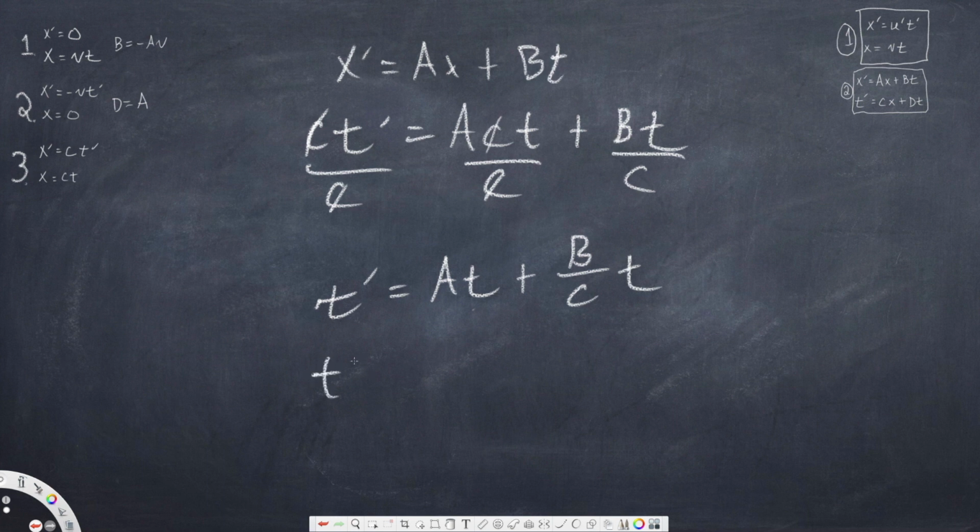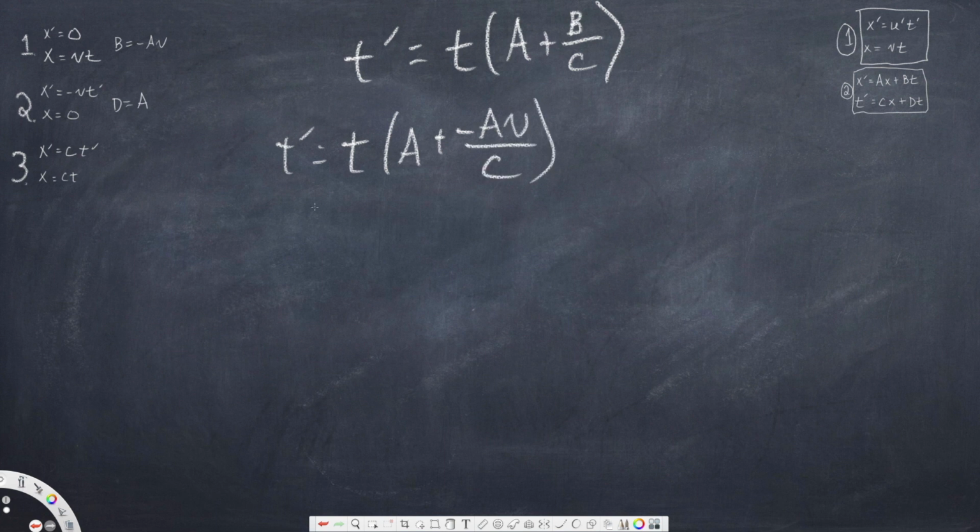We will simplify this one step by taking t out and saying a plus b over c, the speed of light c, not c, our coefficient. We also know that b is negative av, so then we get negative av over c. We can take the a's out as well. So the formula then, taking the a out, is a t times 1 minus v over c.